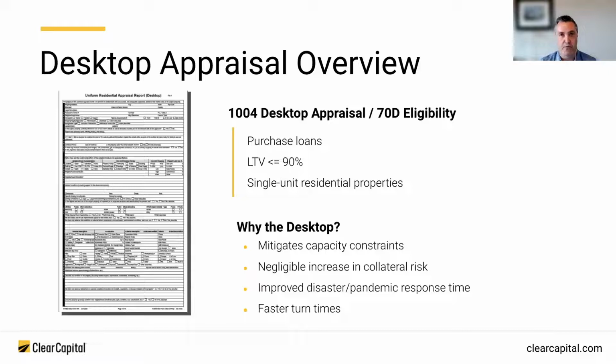And that could be not only for something like COVID, but we also have natural disasters that seem to come around every year, whether that be hurricanes or wildfires. The desktop appraisal could help be a solution in some of those markets when that happens too. So faster response time for some of that, and then overall faster turn times. It's been proven that this product can be completed relatively quicker than your traditional appraisal.